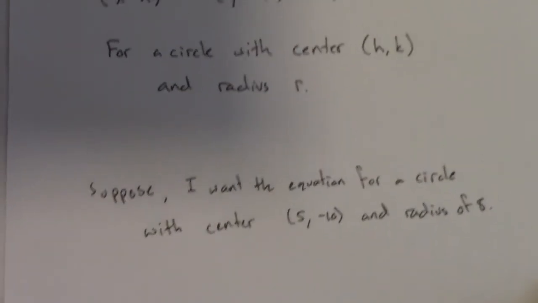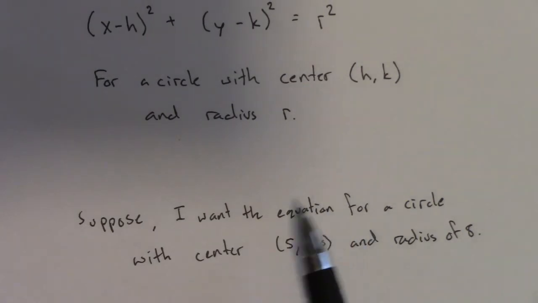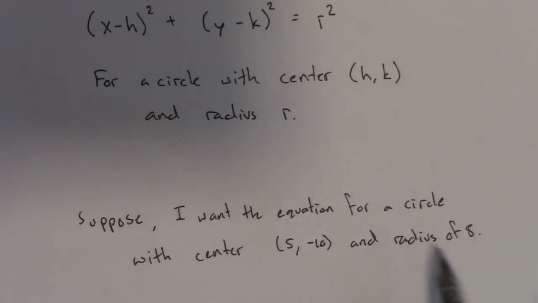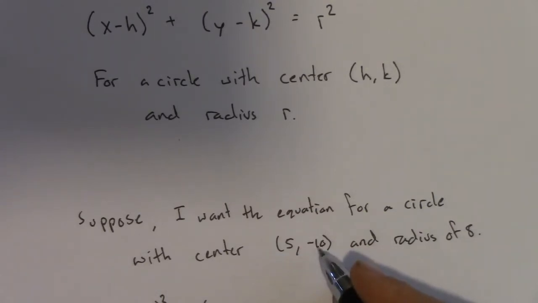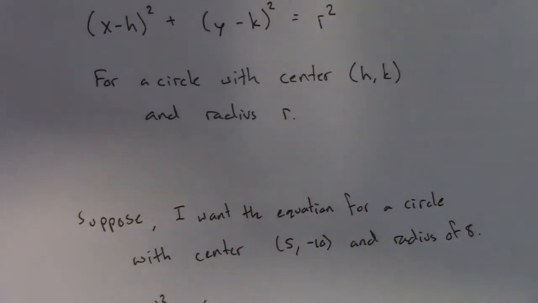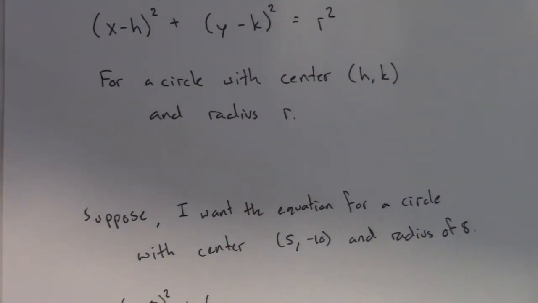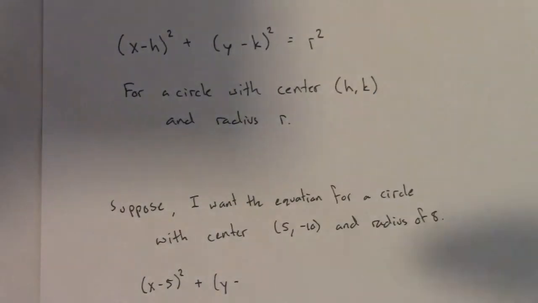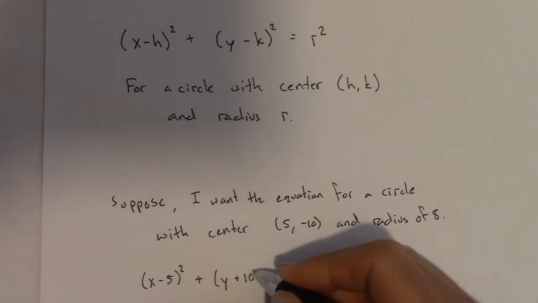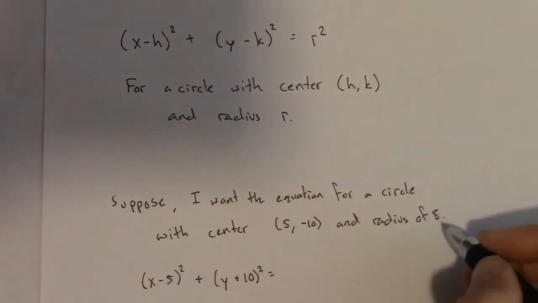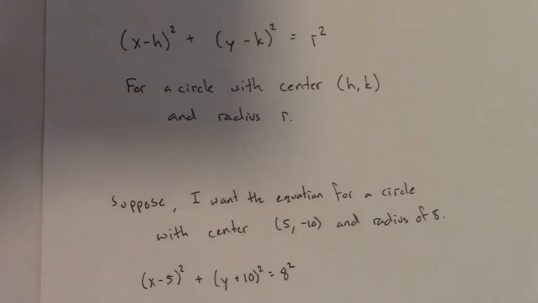If I take those values, h, k, and r, and plug them in, I would get the following. (x - 5), that's h, plus (y - (-10)). Let me zoom out a little bit. Minus a negative 10 makes that plus 10. And then r squared gives me 8².